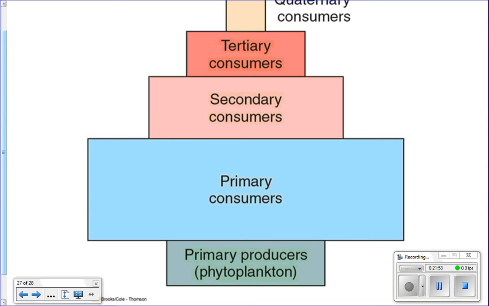So here's what happens, actually. You get what we call a standing crop of phytoplankton, okay? Standing crop of phytoplankton. So that's kind of like, on average, how many phytoplankton are there, okay?